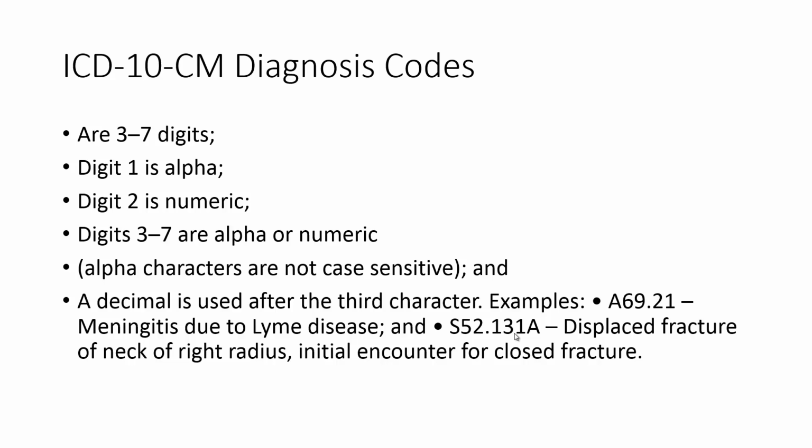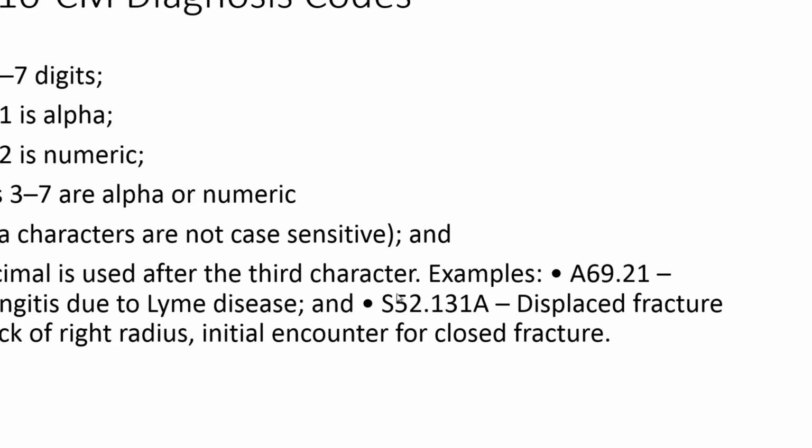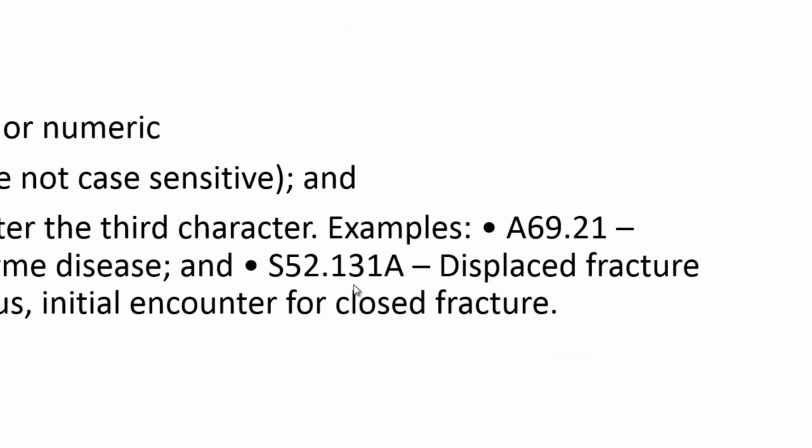S52.13 is fracture of neck of radius, and then 1 means right, and A means initial encounter. Had it been left, it would have been a 2. Had it been unspecified, it would have been 3. A means initial encounter, and it could have been D for subsequent encounter. So you can see that the first 5 characters here are very simple, and it's just as you would do with ICD-9.